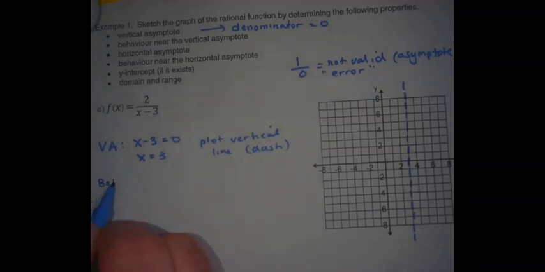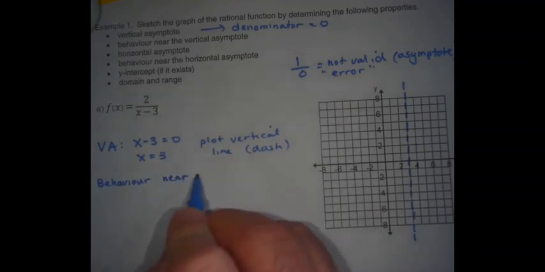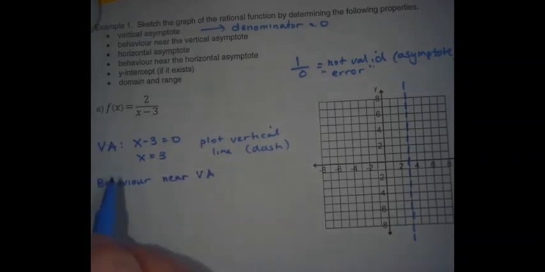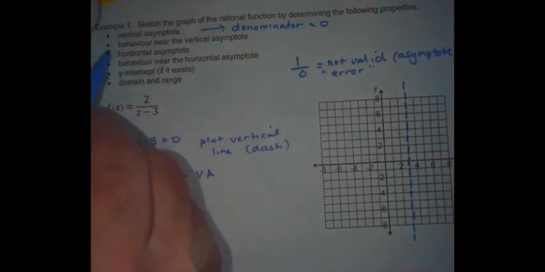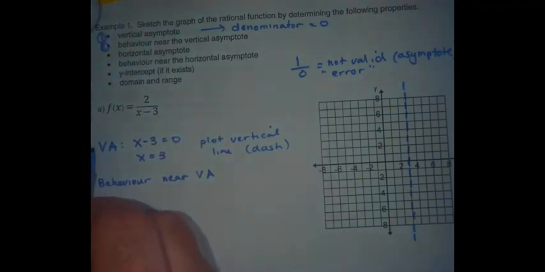Then we're going to look at the behavior near the vertical asymptote. Think of it as step 1, step 2. It's kind of like the intervals that we did before.